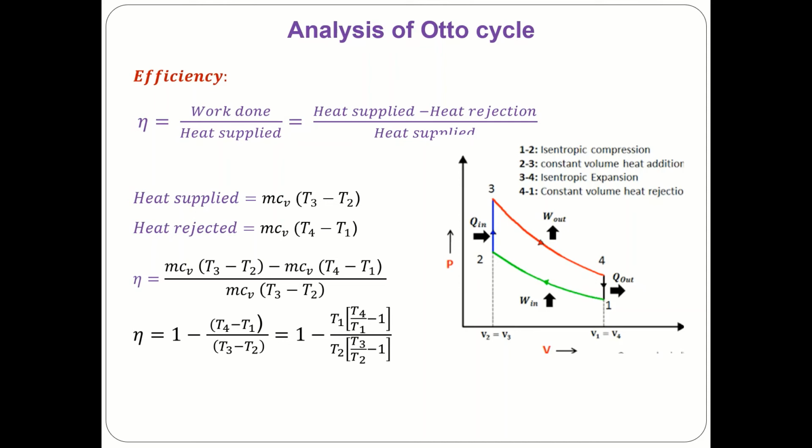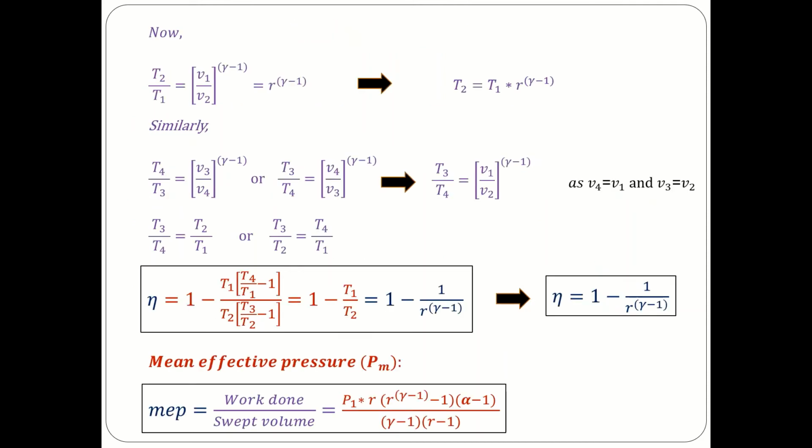Now what I'll do is get these temperatures in terms of known quantities. So we have the compression ratio. Compression ratio is the ratio of volumes before compression and after compression. V1 is the volume before the compression, and V2 is the volume at the end of the compression.